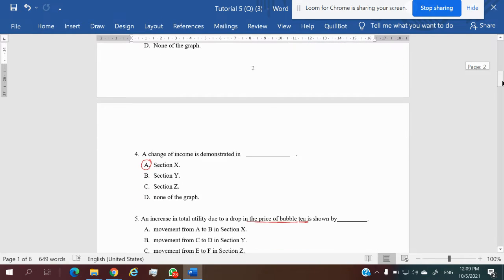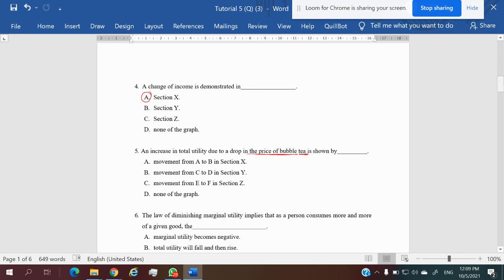So the answer is C, the movement from E to F in section Z.